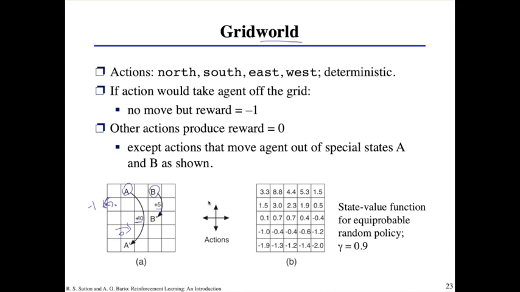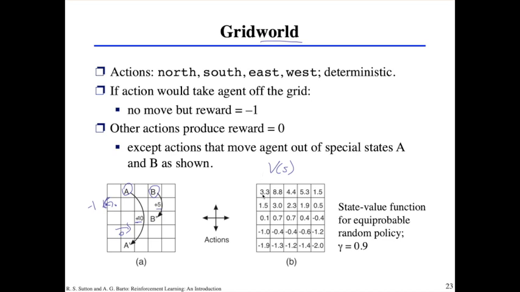So what we're showing here is the representation of the value function after reaching convergence. This is V(s) for every state s, and in this case, the states really are just the locations.